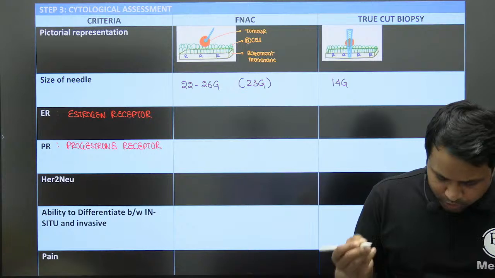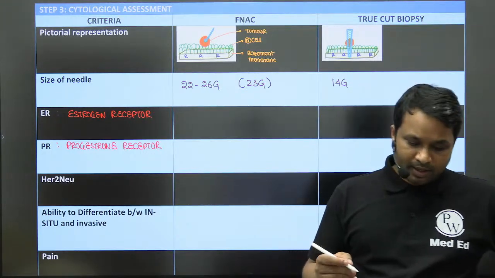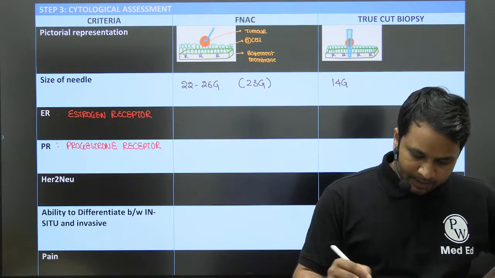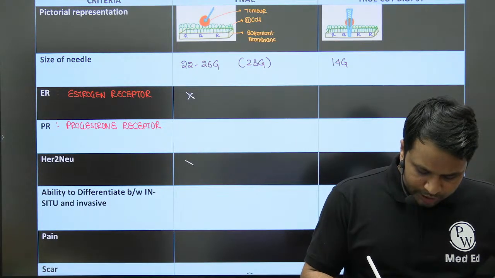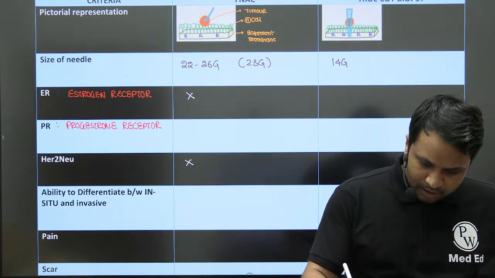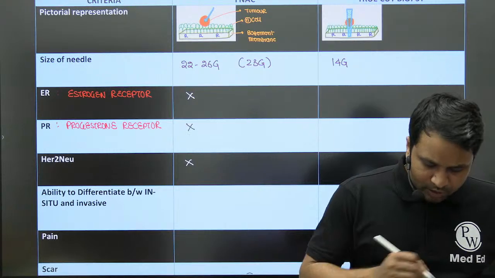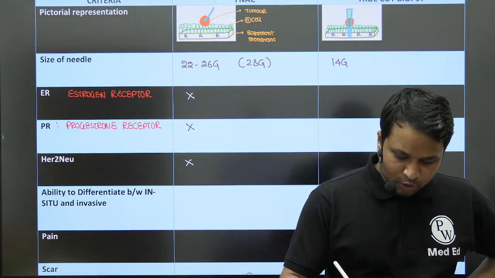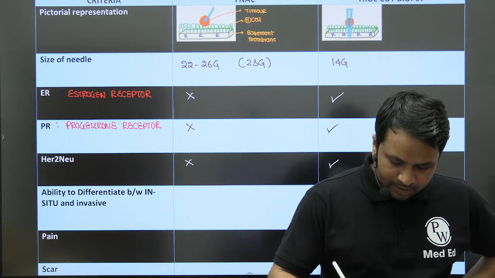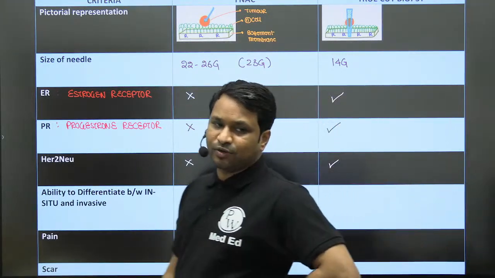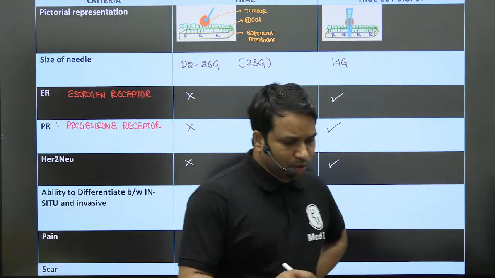And HER2 neu gene status is there, right? In an FNAC, I cannot assess the HER2 neu gene, ER, PR status because I cannot assess the basement membrane. When it comes to TrueCut biopsy, because I'll be able to assess the basement membrane, I'll be able to assess all three of them, the status of ER, PR as well as HER2 neu gene status.